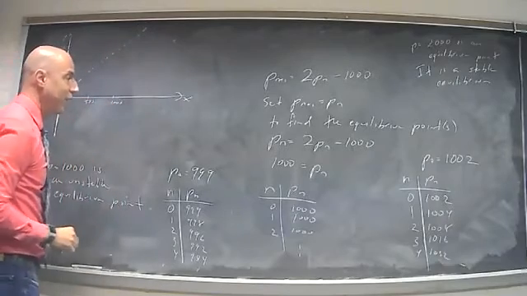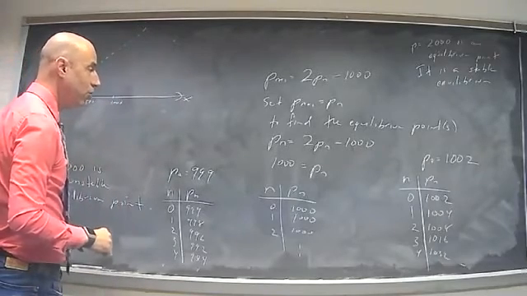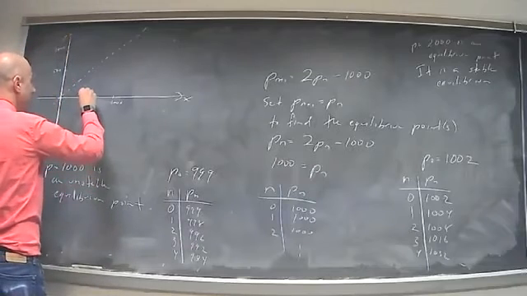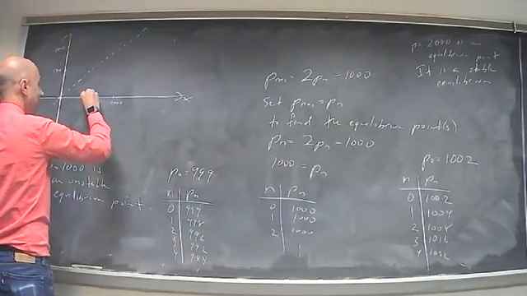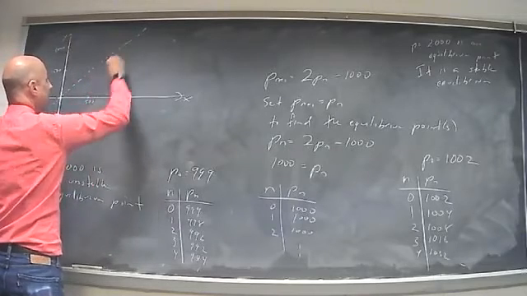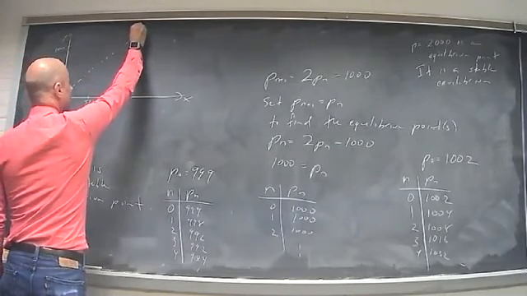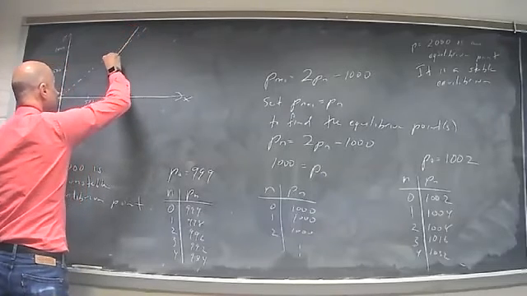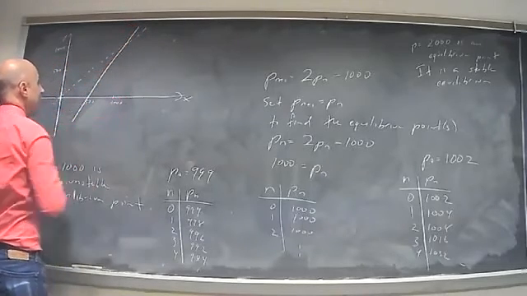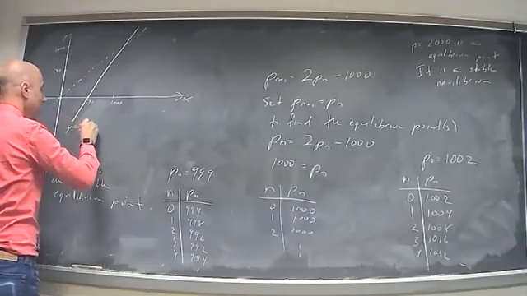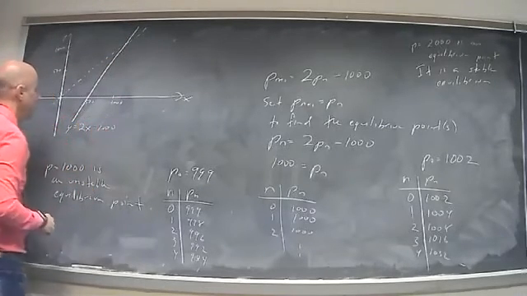And we have the line y equals 2x minus 1,000. So let's see, that crosses the axis at 500 and crosses here at 1,000. So one that looks like that. So here's the line y equals 2x minus 1,000.